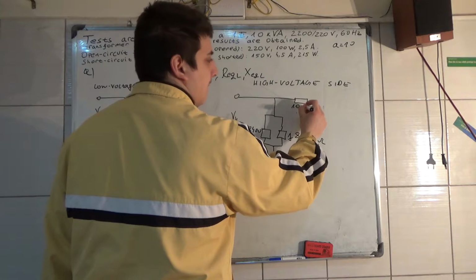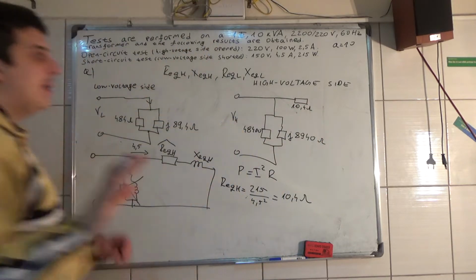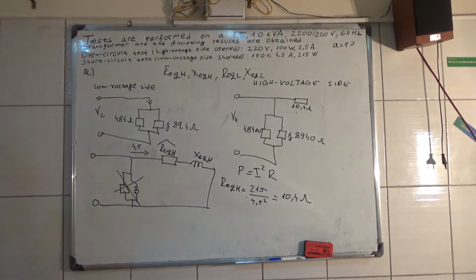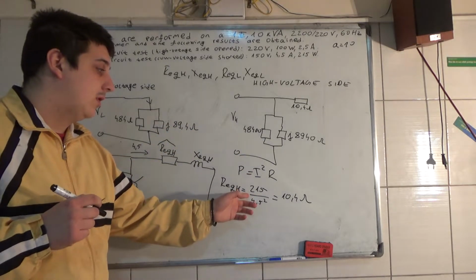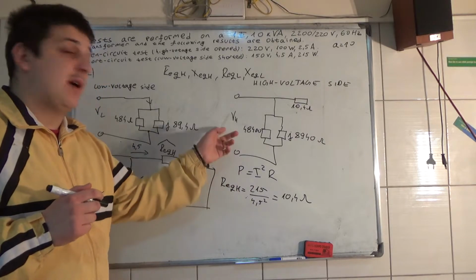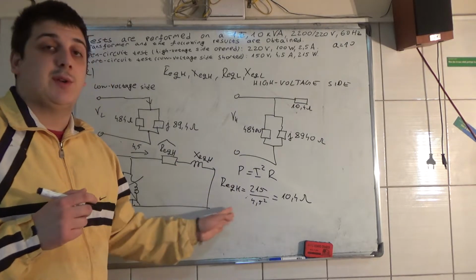And then this R equivalent H now goes here. Okay, now I think you understand this is now looking from the high voltage side, the resistance of the windings.